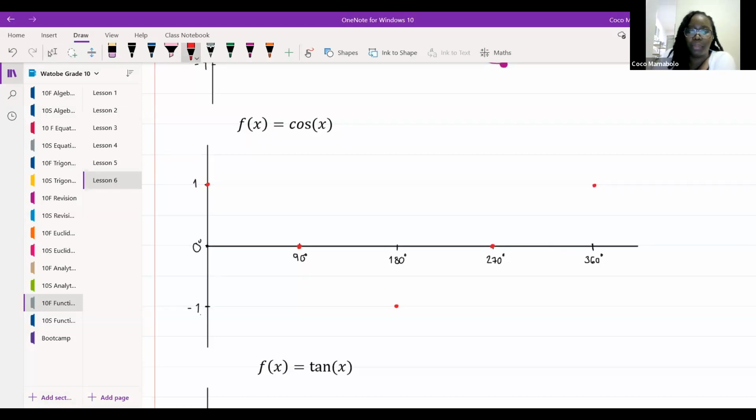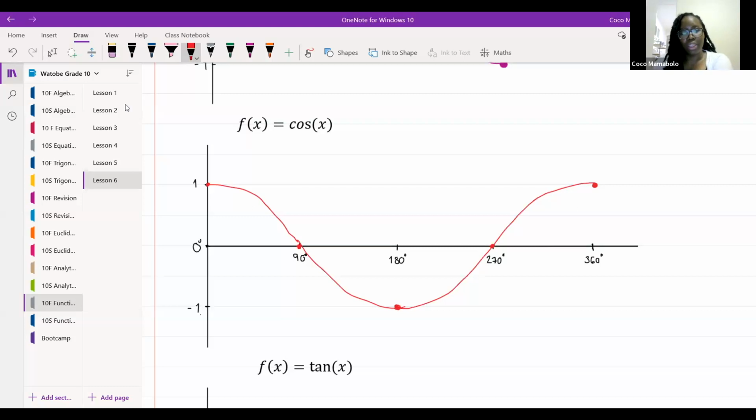Hi, Tabang. What's up? If we were to get a test like this, we would have to draw a whole graph like this? Yep, absolutely. But Tabang, do you notice how ma'am is using the same points over and over again? I'm using 0 degrees, 90, 180, 270, and 360.